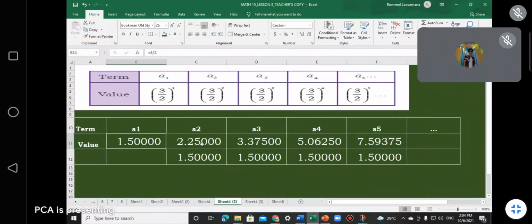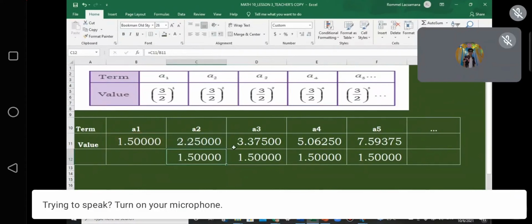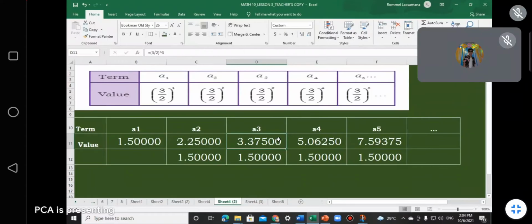Okay, dun siya. But this is big. And then remember, ratio, it's 2.25 over 1.5. It's 1.5, no? A ratio. The ratio of this is 1.5, no? In between 2.25 over 1.5, 3.375 over 2.25, it is 1.5. You check, no? Okay.